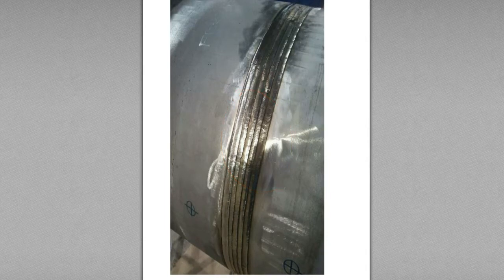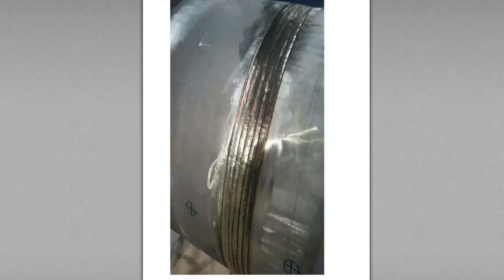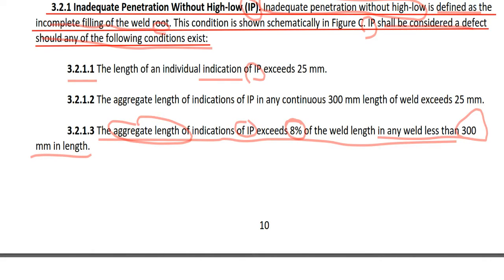But I don't have the picture of the inside of this pipeline weld photo, so I just say here inside of the pipeline I have an IP like this. Okay, let's just go to condition number 1. 3.2.1.1. Individual IP exceeds 25 mm. So individual IP number 1 exceeds 25 mm. This is reject.